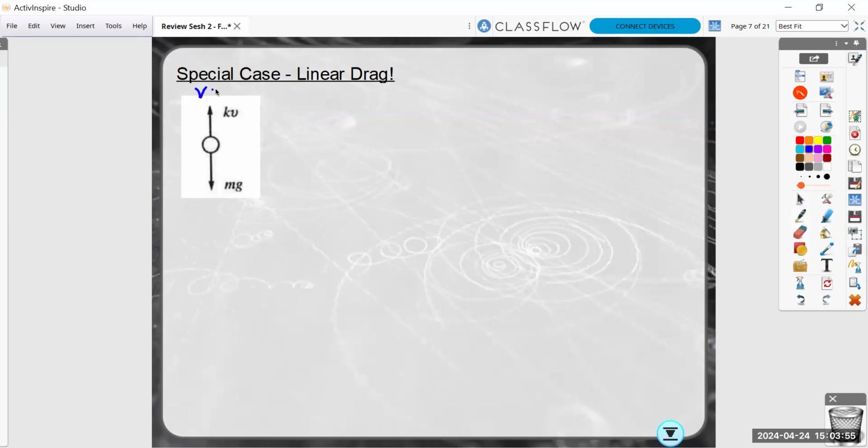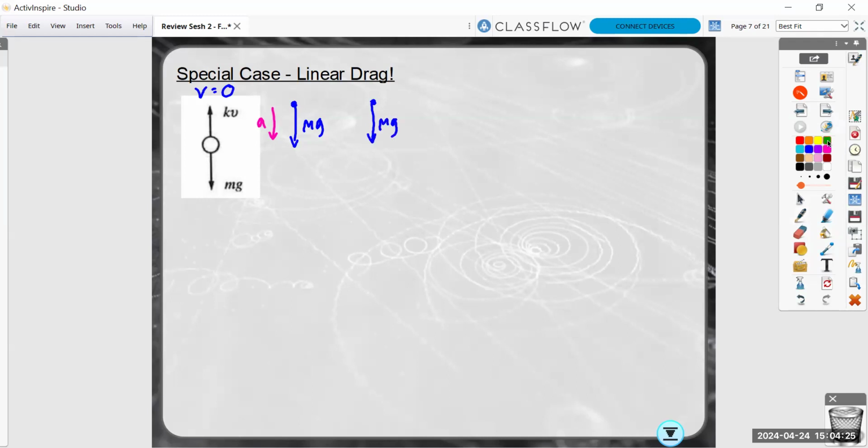Qualitatively, we might remember a little bit of what happens here, which is that at first, when we drop it and our velocity is equal to 0, how much drag force do we get? None, right, basically. And so the thing is going to have a fairly large acceleration downward. If we check back on it a little bit later, gravity never changes, gravity is still the same.